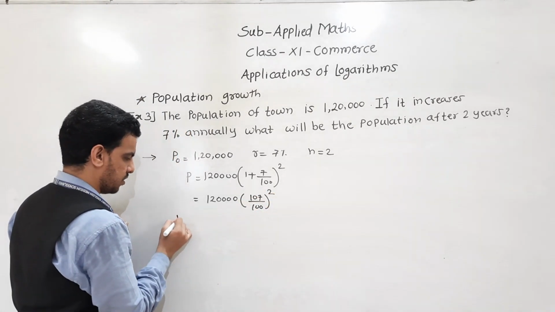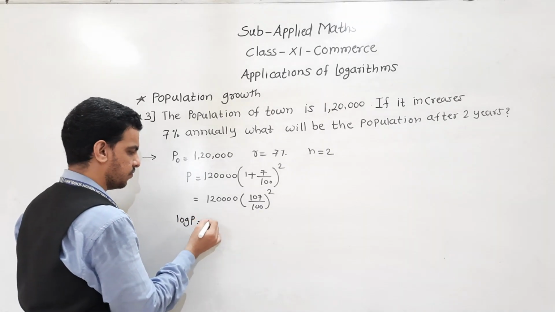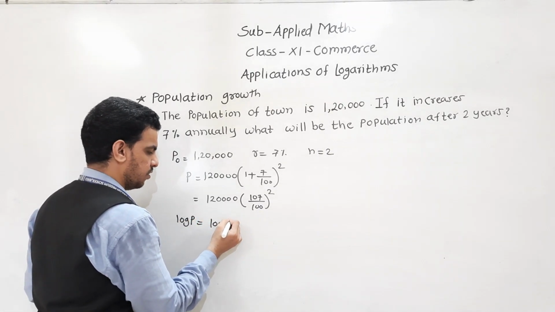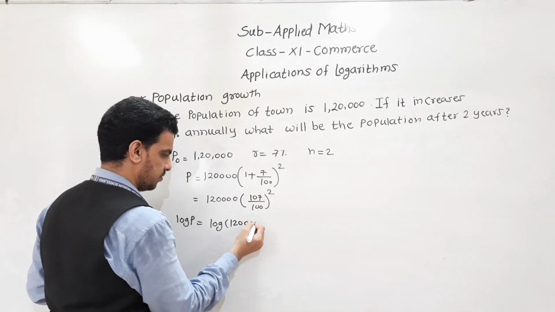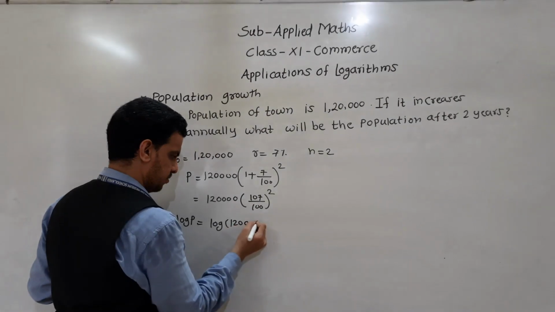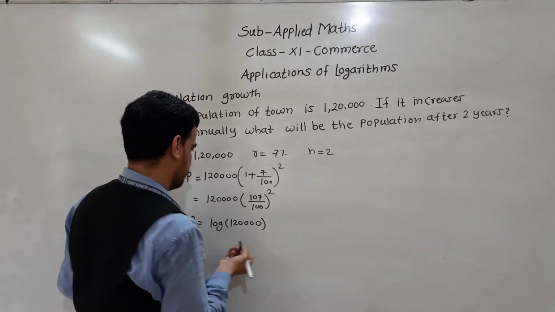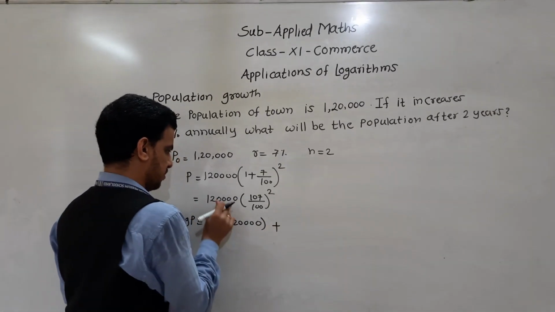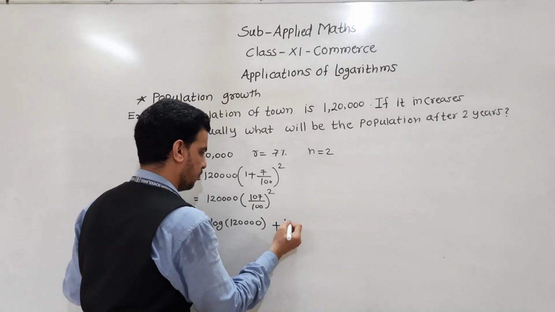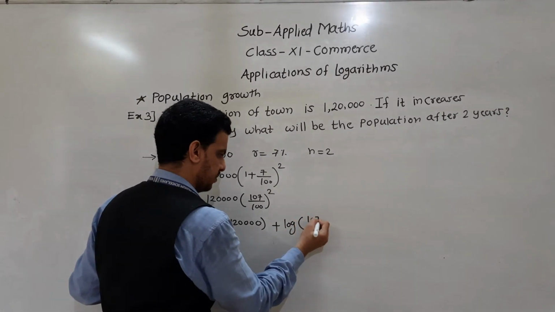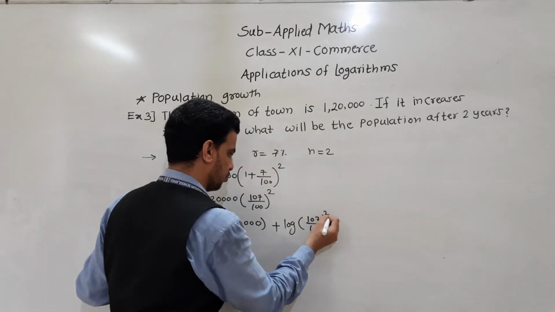Now take log on both sides, so log of P is equal to log of 1,20,000 plus, it is in multiplication, so log of 107 upon 100 raised to 2.